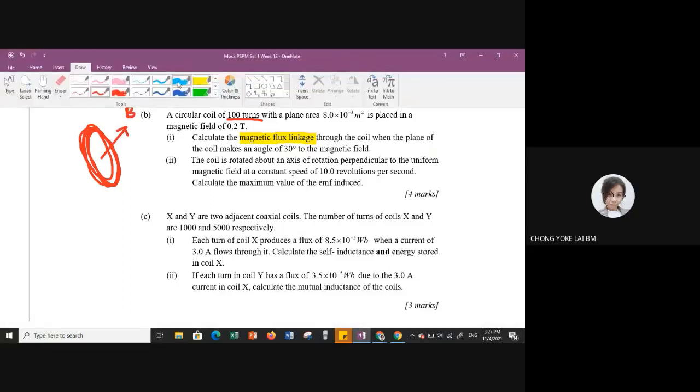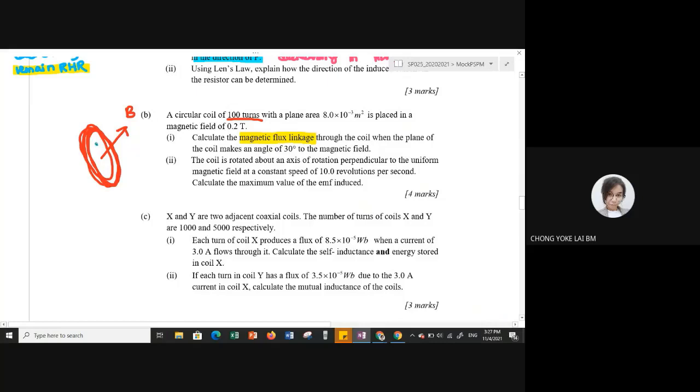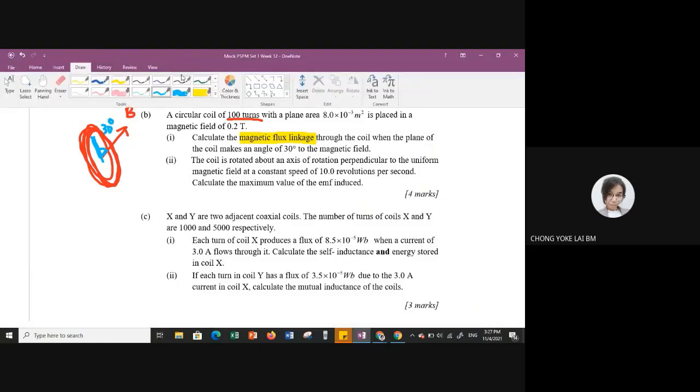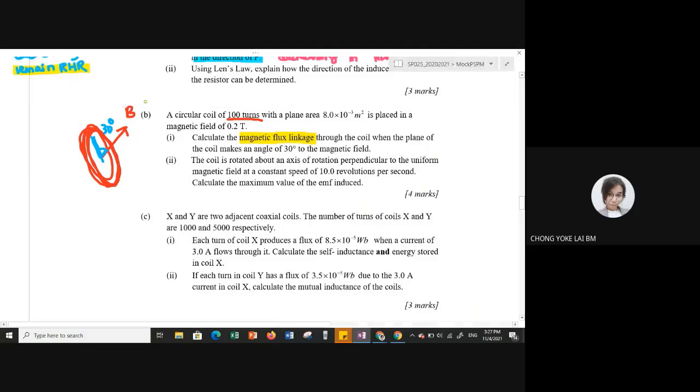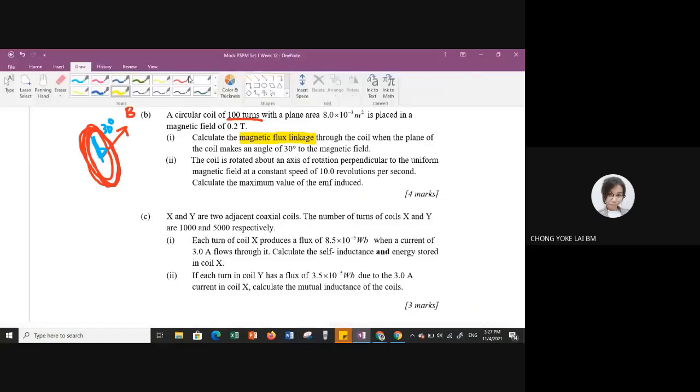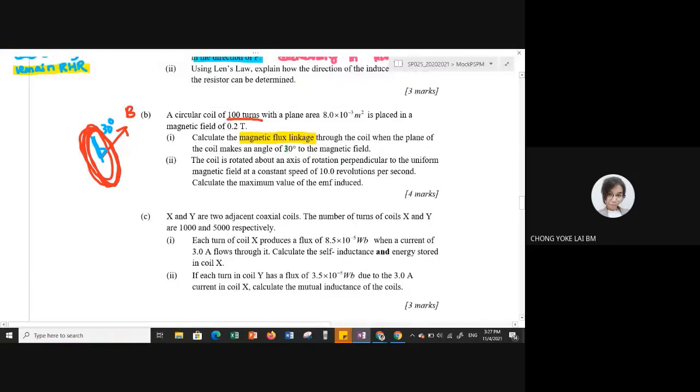So 30 degree tu duduk mana? 30 degree tu antara plane of the coil dengan B. So this is 30 degree. Tetapi kita kena ingat angle kita dalam formula bukan 30 degree, adalah between normal of the coil with B. Hati-hati ya. The 30 degree is between the plane of the coil with magnetic field.